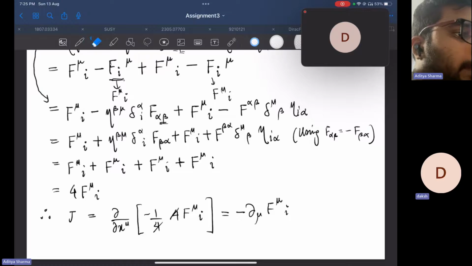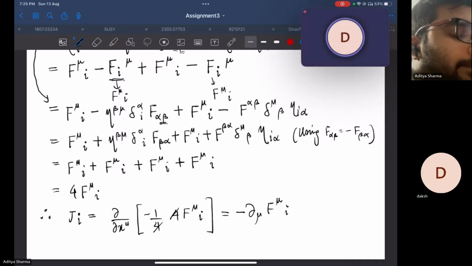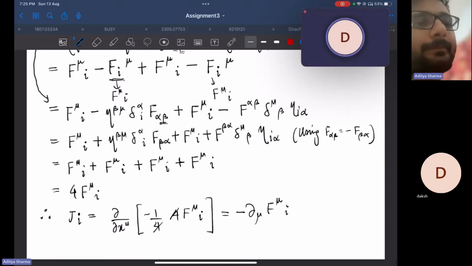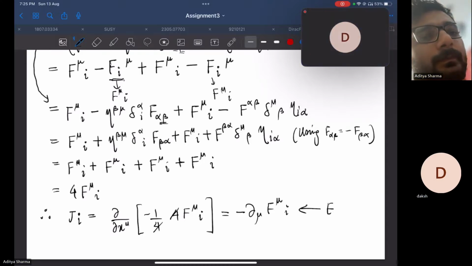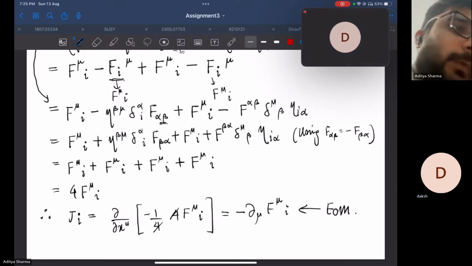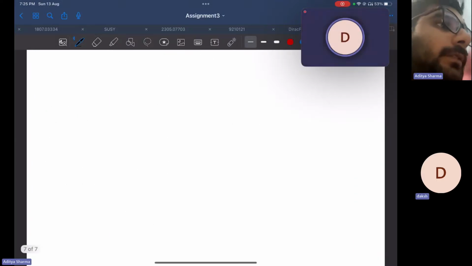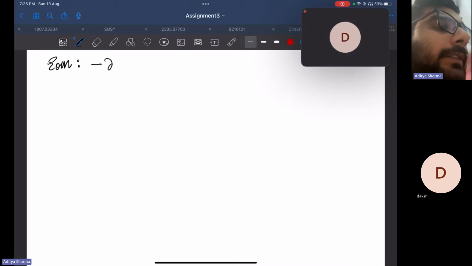So this Ji is down, right? Okay, so this is our equation of motion. Okay, can you hear me? Yes, sir. So we got our equation of motion as minus del mu I is equal to Gi.